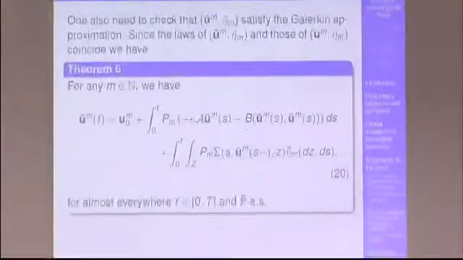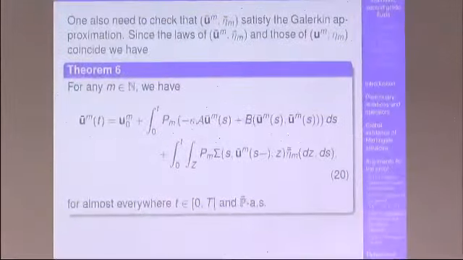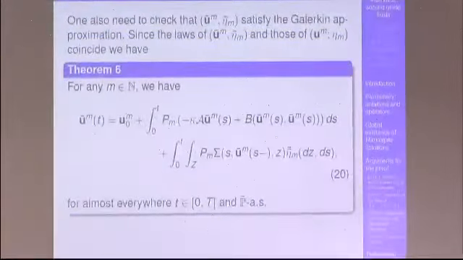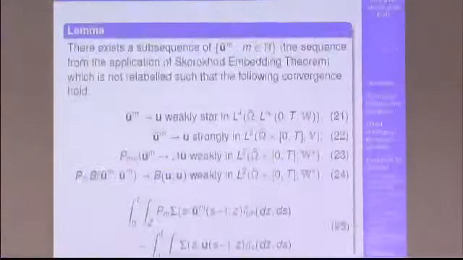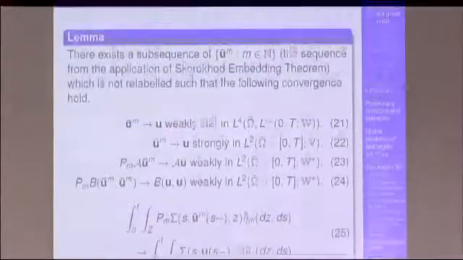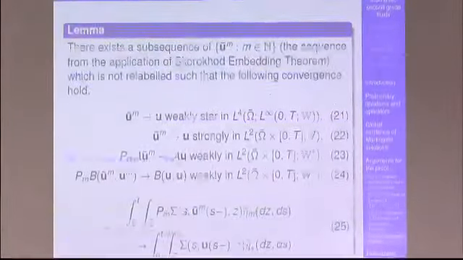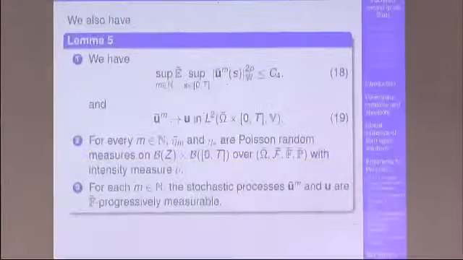And those two facts will enable us to prove that u_m is tight on this space, the space of càdlàg functions taking values in W star. And the tightness of u_m on L2(0,T;V) follows from some arguments from Métivier's book.